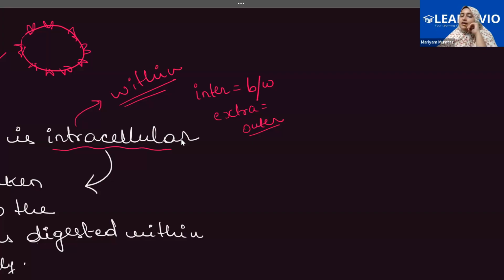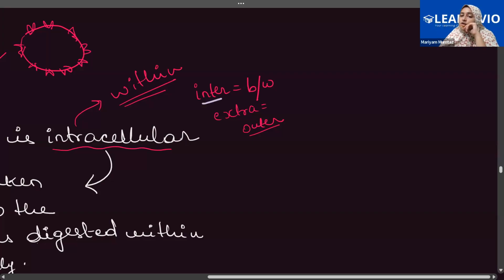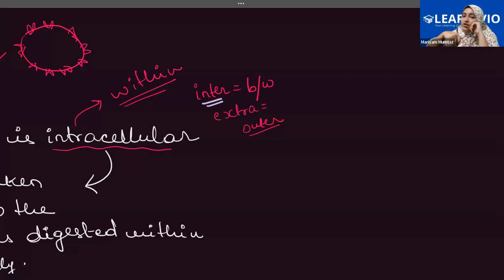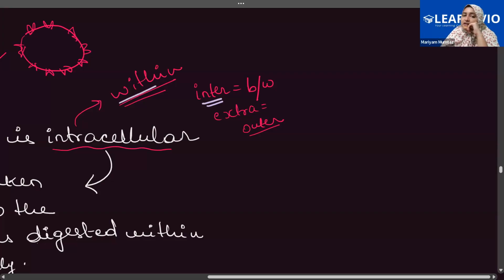So intercellular would mean in between two cells. Intra means within. When the debate competition happens in your own school, with no other school's students, only students of your same school, that is intra. Not intracellular, but intra-school. In the same way here, intracellular means within.